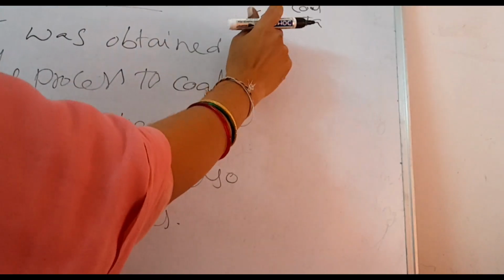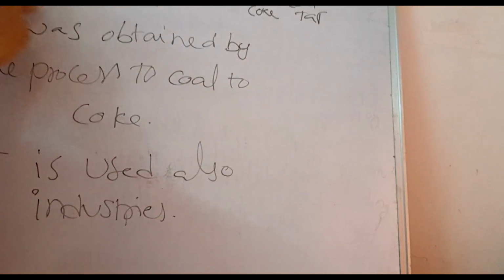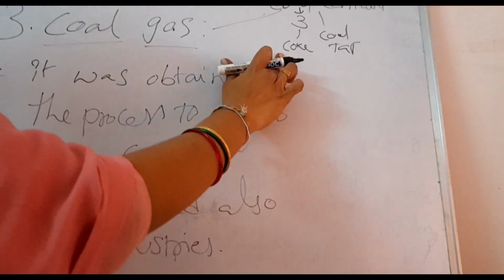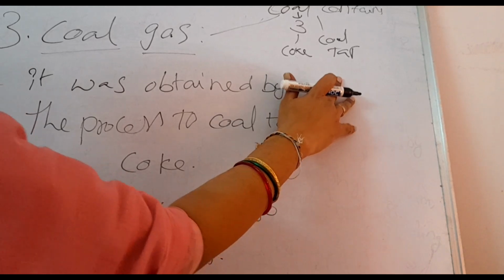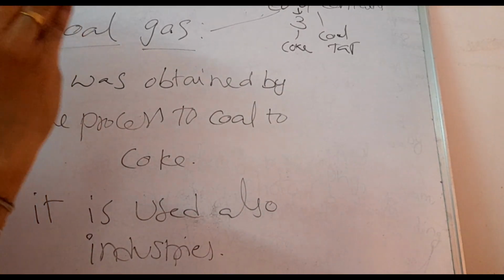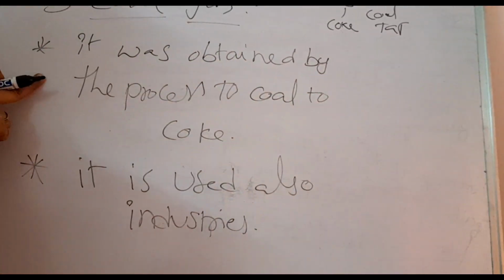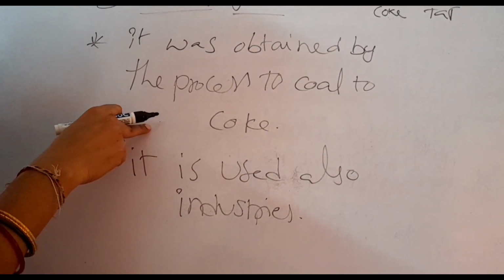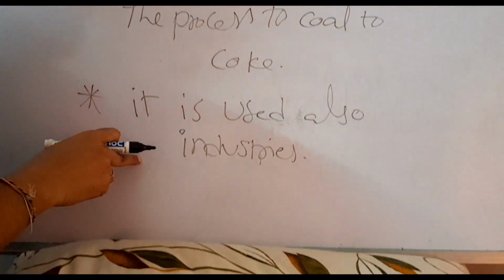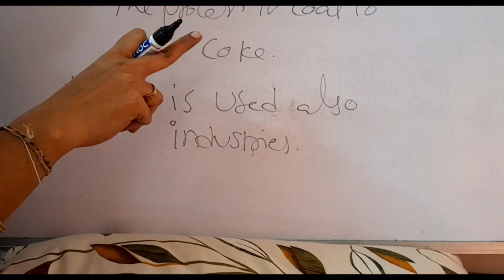Coke is a porous black substance, and coal tar is a black thick liquid with an unpleasant smell. Coal gas is used in some industries near the coal processing industries.